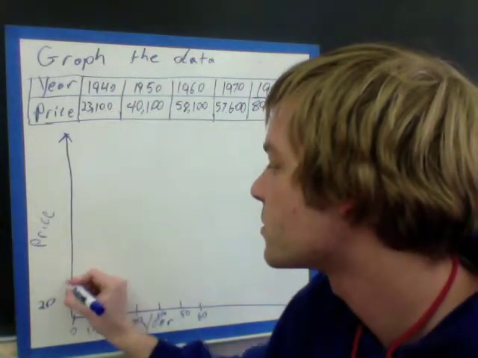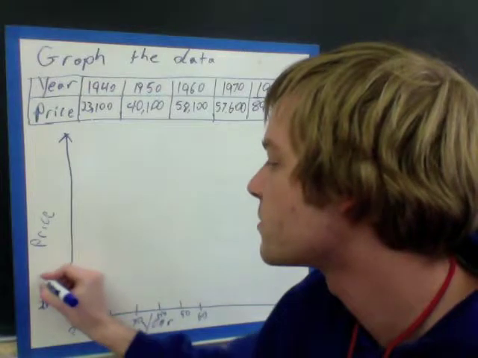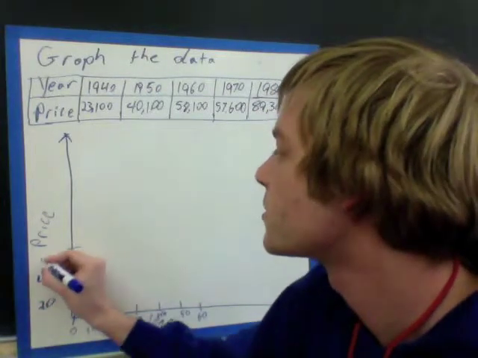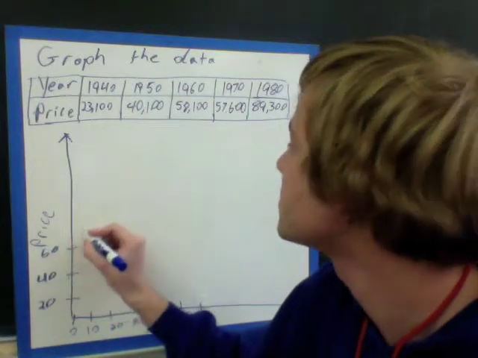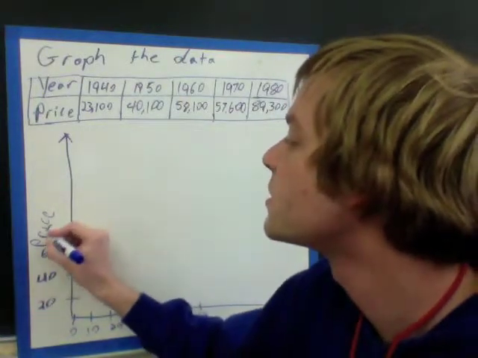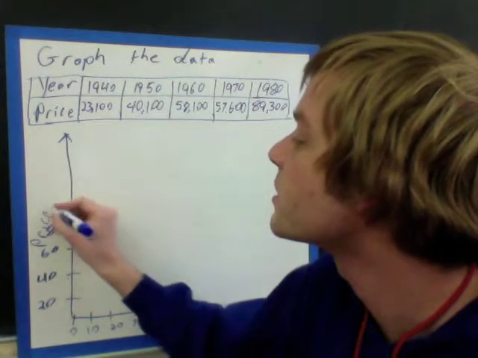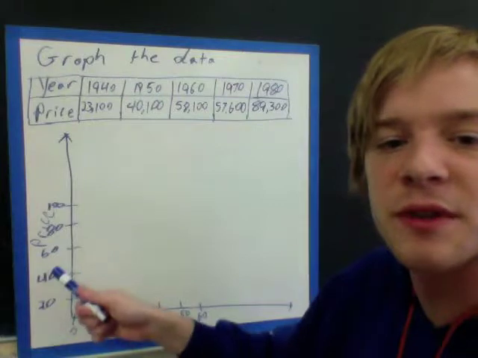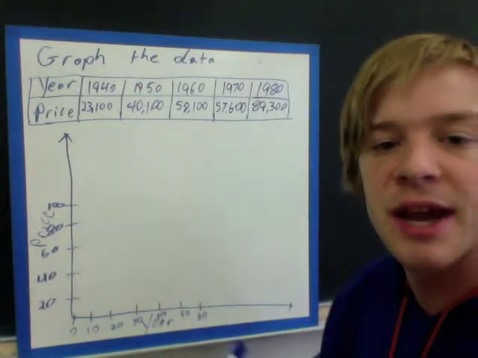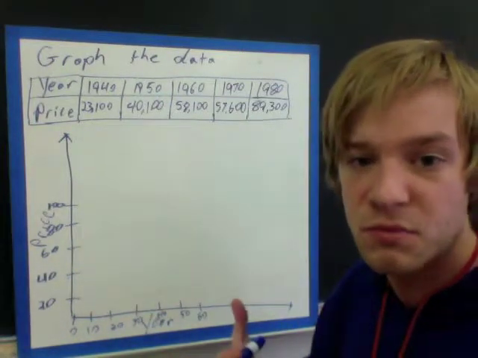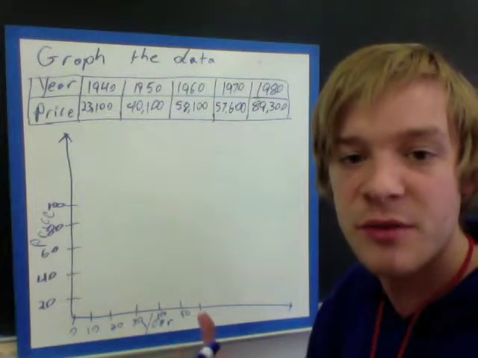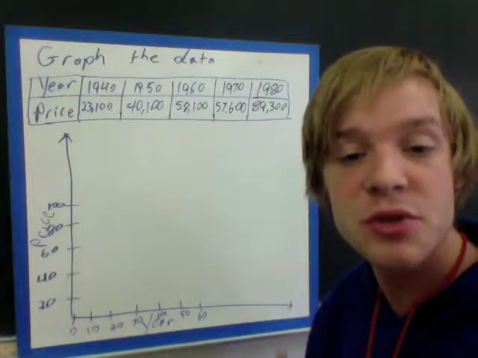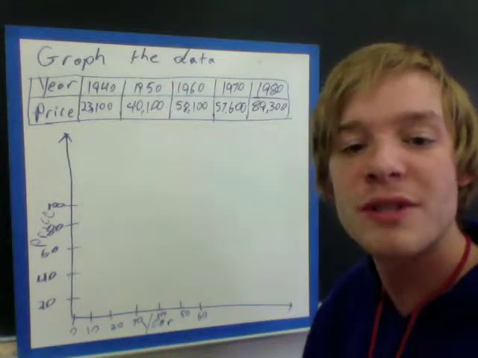So 20, 40, 60, 80, and 100,000. These are going to be different for each person. Not everybody's going to have the same thing, so everybody's graph may look a little bit different, but as long as you're graphing things correctly, they should all look similar.